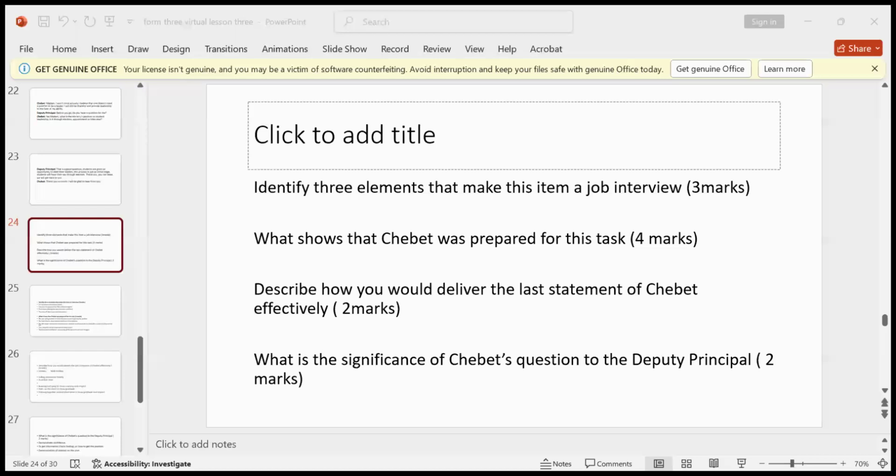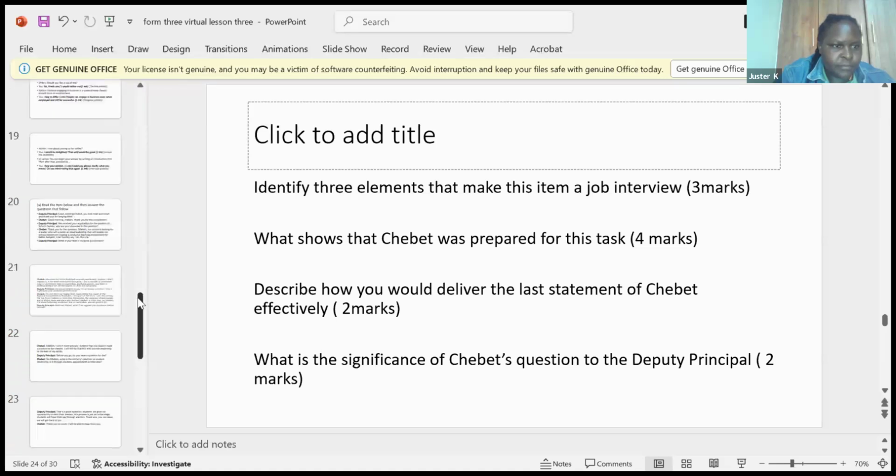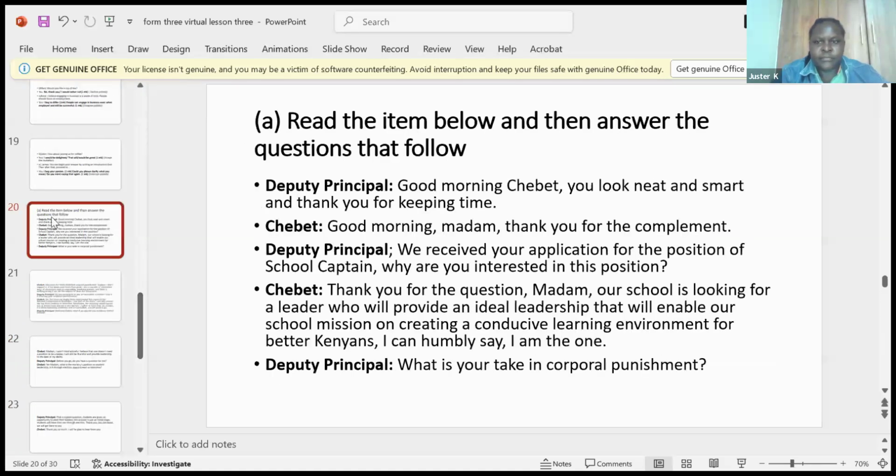Can you please put the first page where the... Okay. The deputy principal tells Chebet, thank you for keeping time.